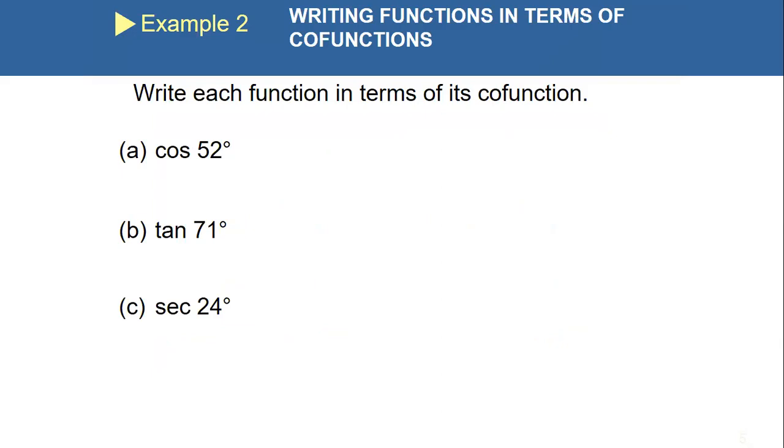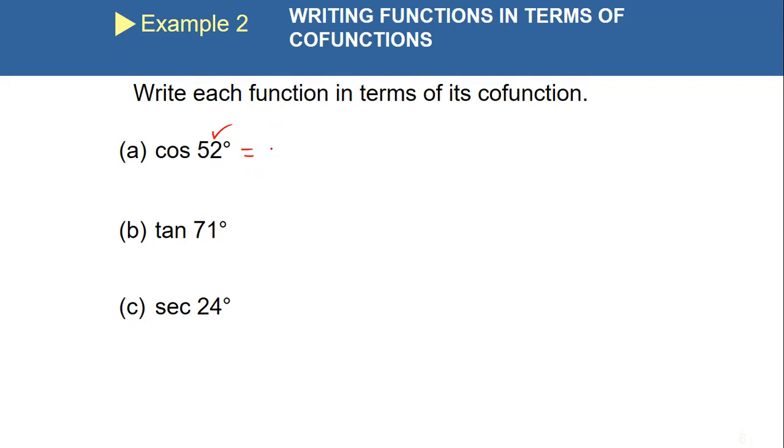So up first, it says write each function in terms of its co-function. The first thing you want to make sure is that the angle is less than 90 degrees, right? So checking first, is 52 less than 90 degrees? Yes. So to find its co-function, remember, cosine is always with sine.